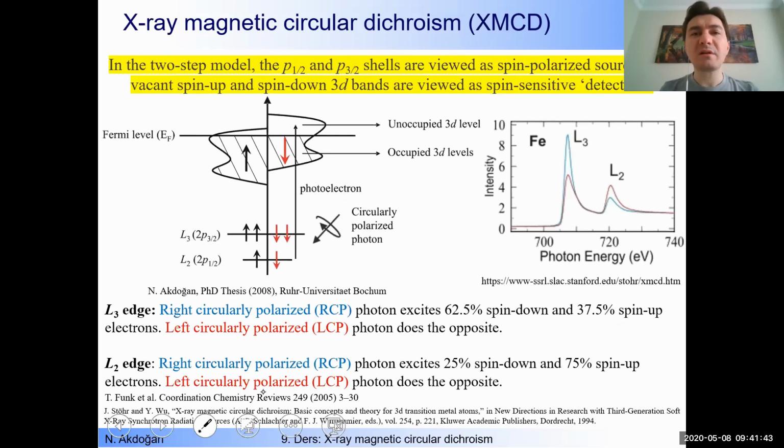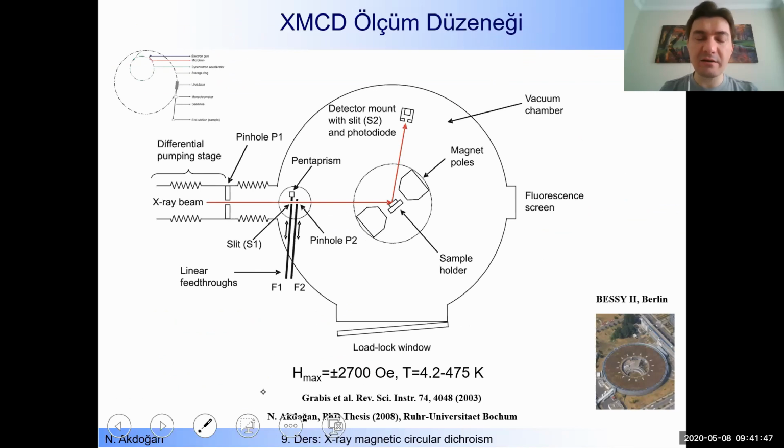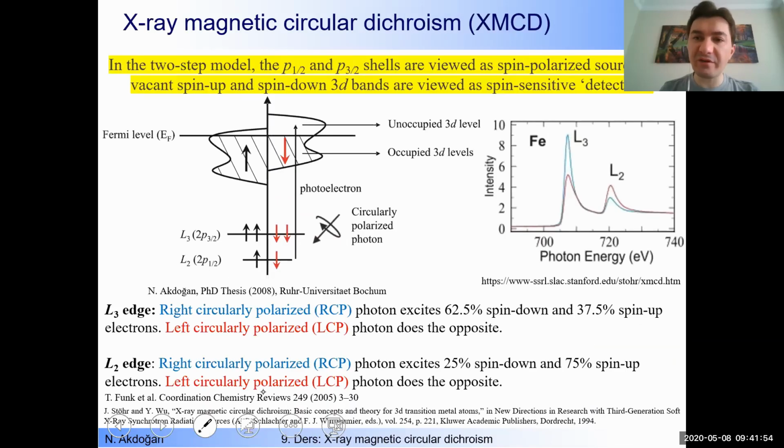So now let's discuss what XMCD is and what is the reason for such behavior in magnetic materials. During the last lecture, we have seen that the XRMS signal looks like this. You can find this type of XRMS signals in the transparencies of the last lecture.